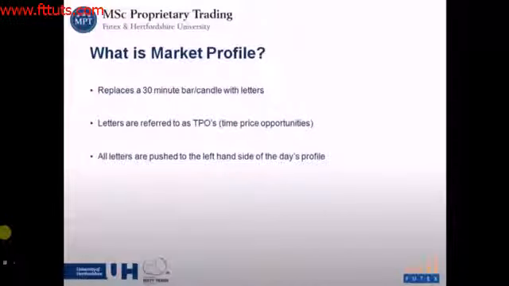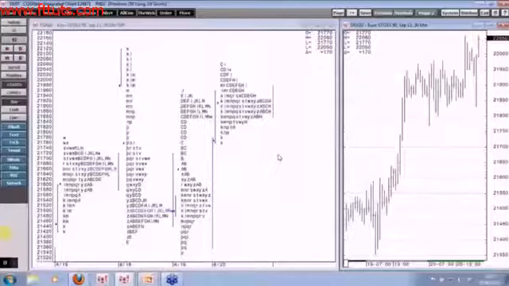What market profile is doing is replacing a 30-minute bar or candle with letters. Those letters are referred to as TPOs, or time price opportunities, and all it's doing is pushing all the letters to the left-hand side of the day's profile. So I'll go to the charts and actually explain what I mean by that.